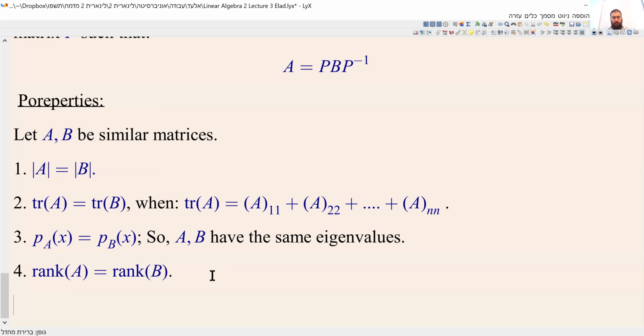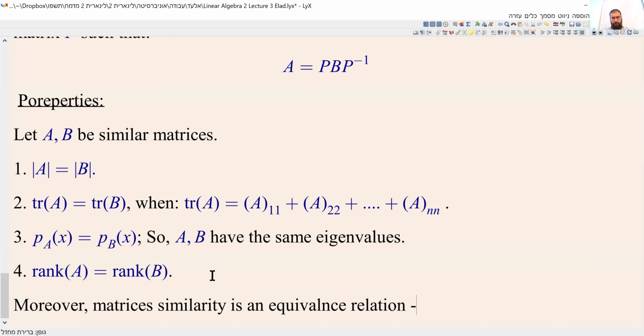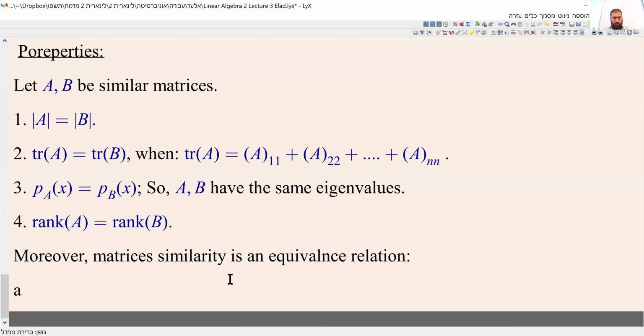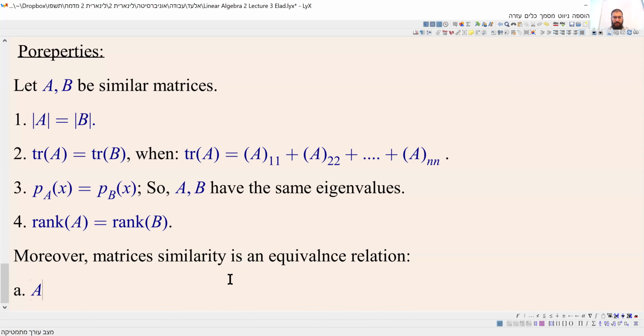And furthermore, matrix similarity is an equivalence relation, meaning that every matrix is similar to itself.